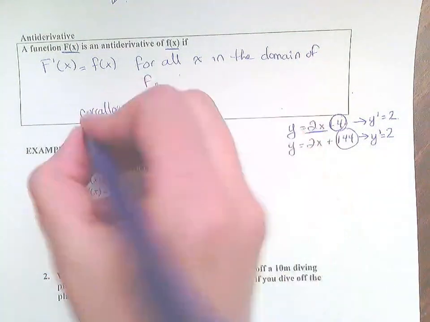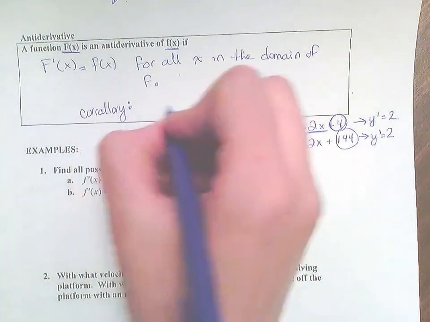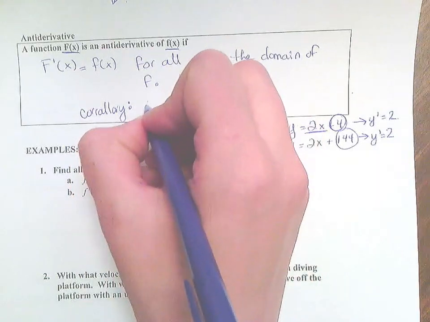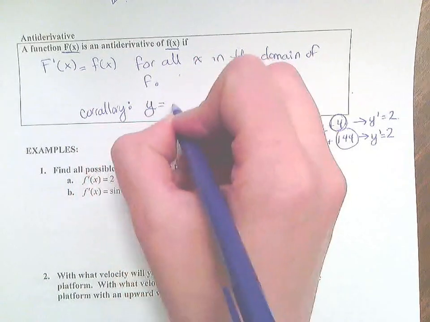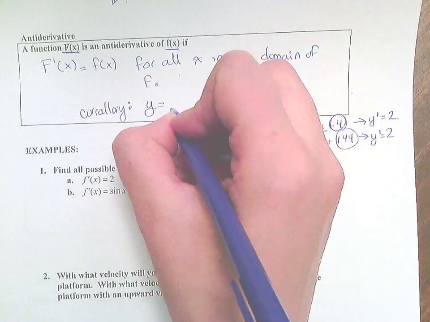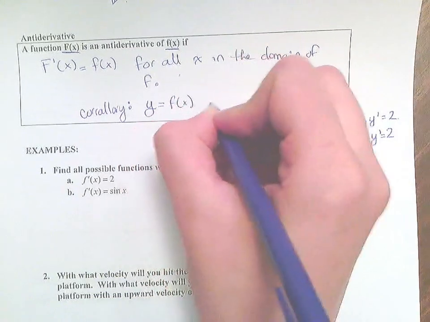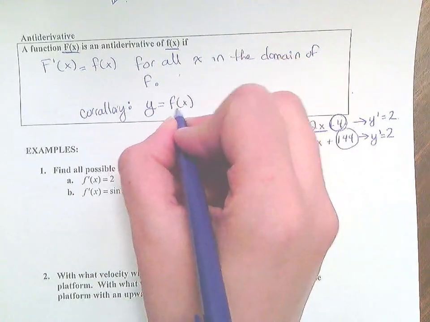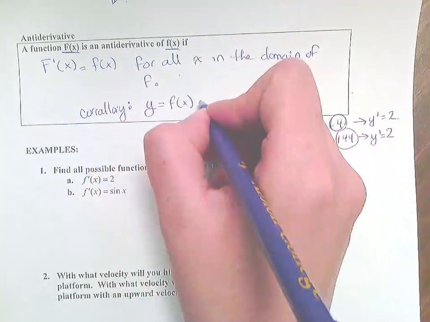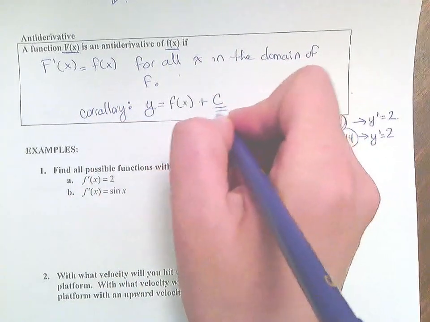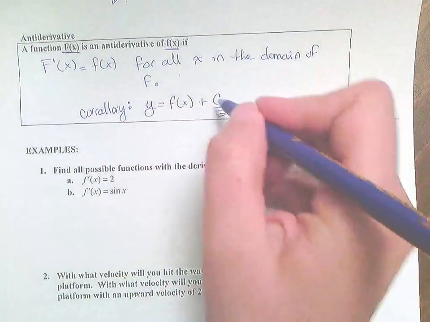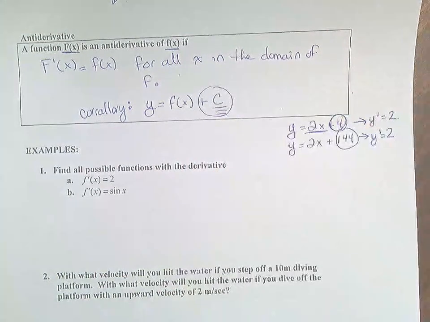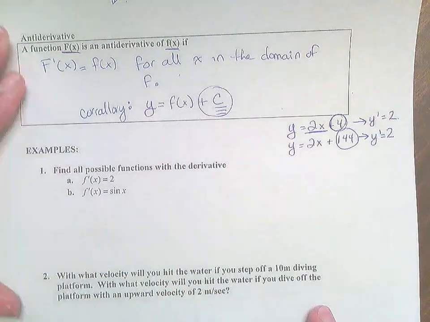So, what the corollary says is when you're finding the antiderivative, the function is always going to be the antiderivative, which is going back to the function, plus some constant c. So the way that we do this is we literally just always write plus c. And I'll show you what I mean in just a sec.